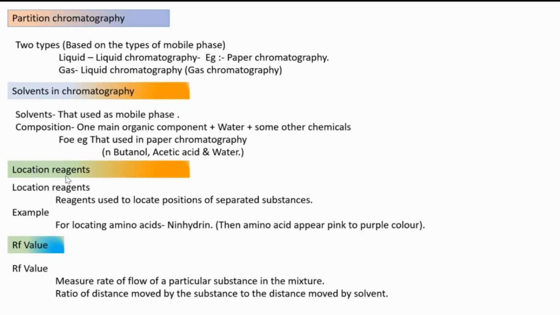Location reagents help us understand the location of each constituent of the mixture by giving a color to each component. Example, ninhydrin is usually used in paper chromatography.